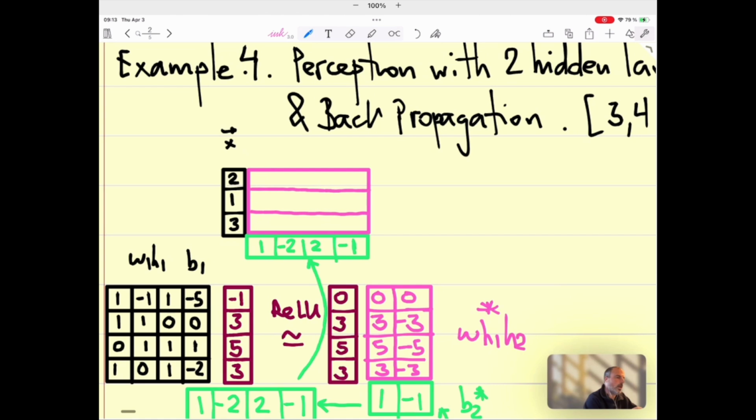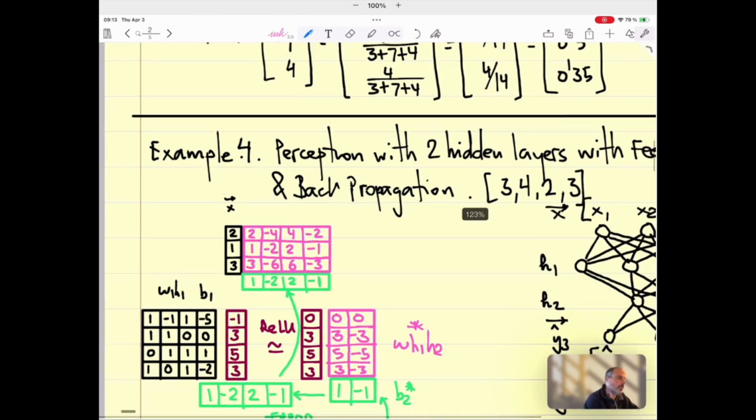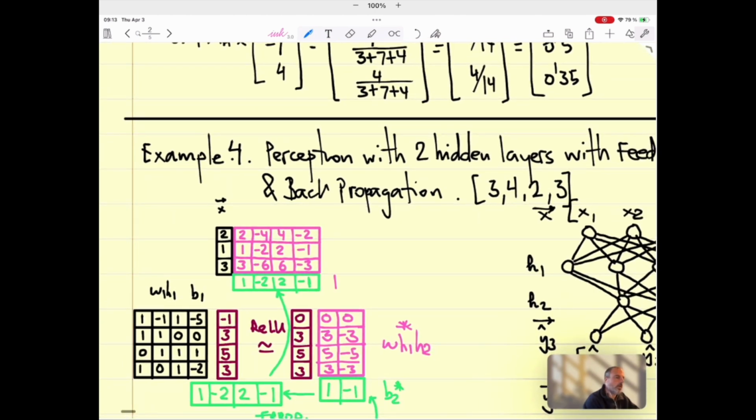Just perform the dot product, which is going to be like 2 minus 4, 4 minus 2, 1 minus 2, 2 minus 1, 3 minus 6, 6 minus 3. And this is going to be our bias 1 star, and this is going to be our new weight matrix. And we have done our backpropagation.